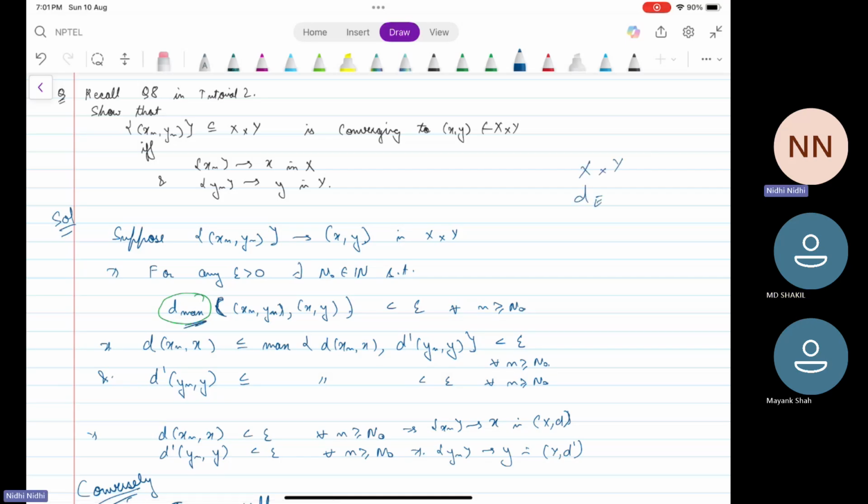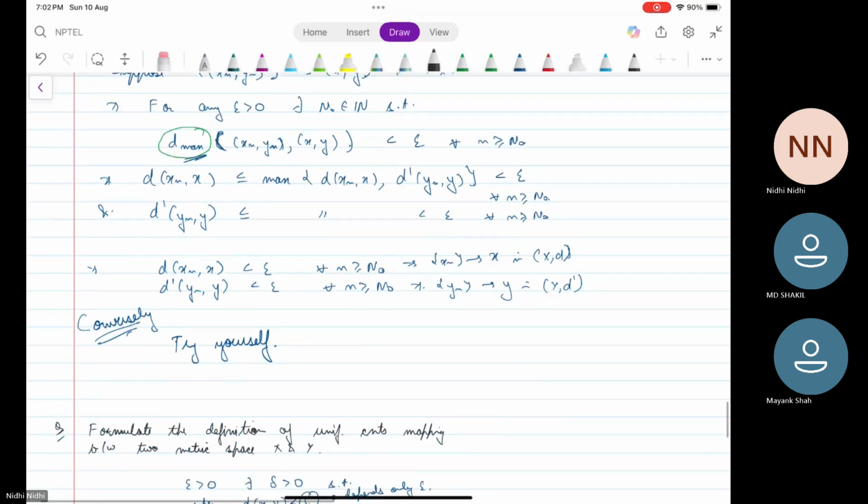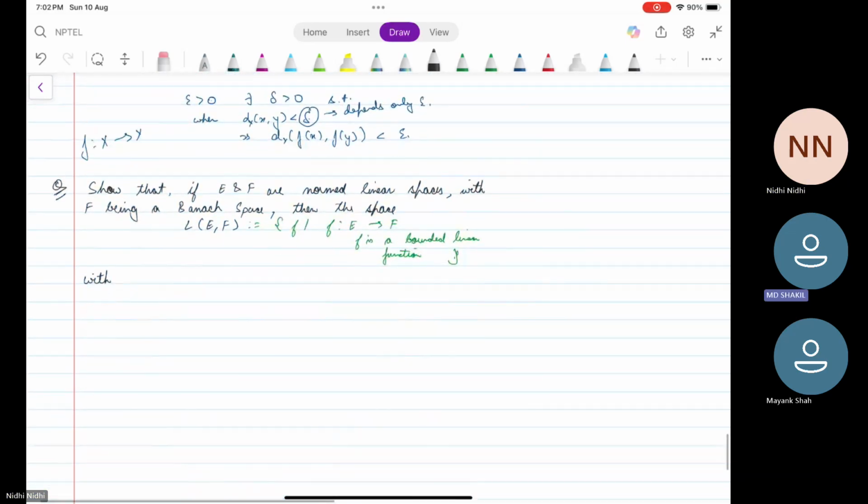So here instead of d max, you were taking dE, and you didn't use the fact that it is strongly equivalent to d max. That's what you are saying, no? Yes. That can be done. I'm saying that I can take d max because all are equivalent. So if you are proving this for dE or for d max, both are correct. That's what I was trying to say. Okay, ma'am. Thank you.